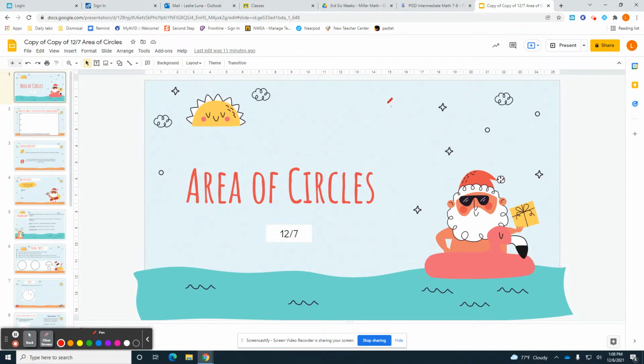Okay. So when we talked about perimeter, we said perimeter was the outside of a circle. So if we're working with area today, what do you think area would be? So if you said area would be the inside of the circle, you are correct. Area is going to be what's inside of the circle.